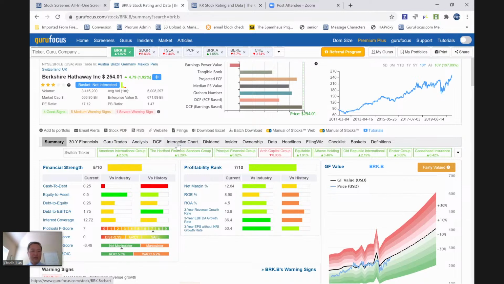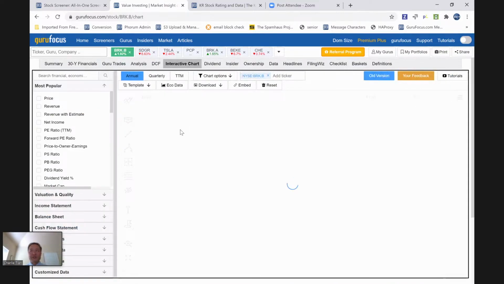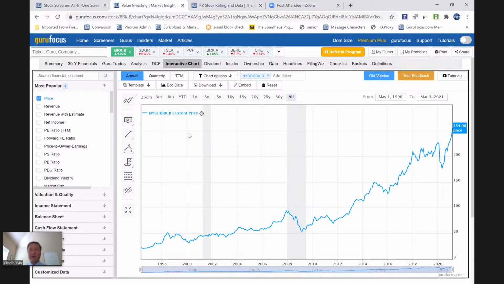And now, I want to show you some valuations of Berkshire Hathaway stock. If we look at the price to book ratio, and if you look at the interactive chart of GuruFocus, you will see a different valuation chart. First it's the stock price, of course.